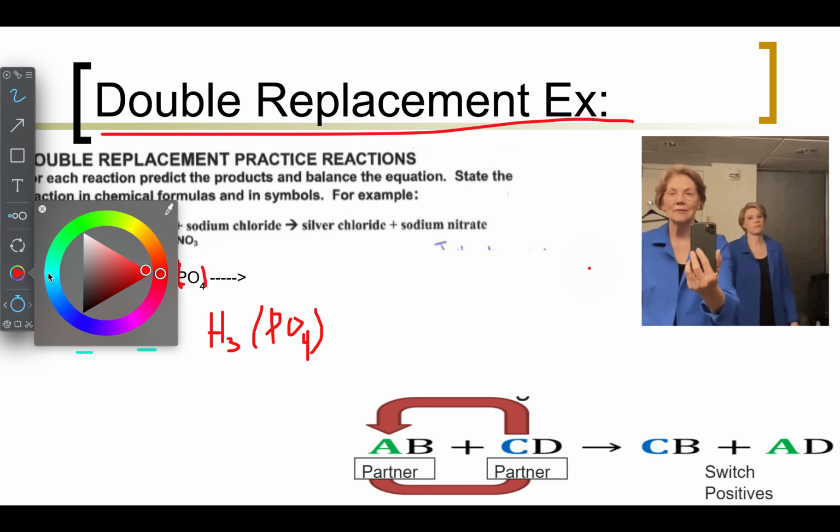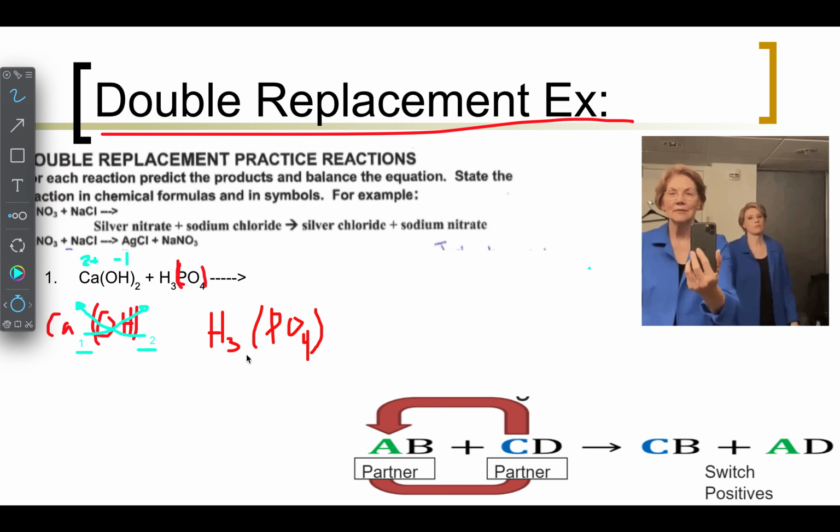So let's go ahead and write in. So this is a 3, right? And there's a 1 right here. We're going to swap these. So we know that H has a 1 positive charge and PO4 has a 3 negative charge. And if you look at the polyatomic sheet, you see that is confirmed. Okay, so we've done our charges.